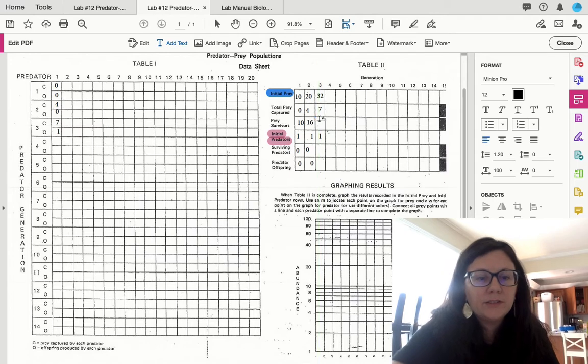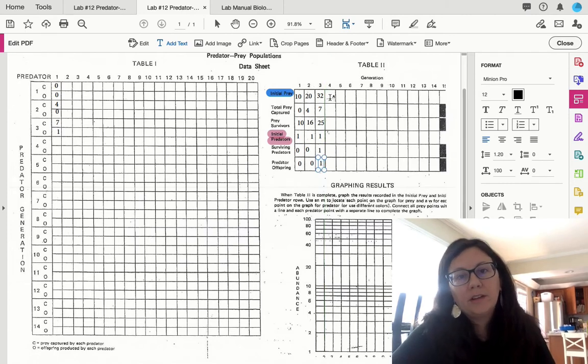32 minus 7 is 25 remaining or surviving mice. The weasel survives, so there's 1 weasel that survives, and it has 1 offspring. Get that shortened down.